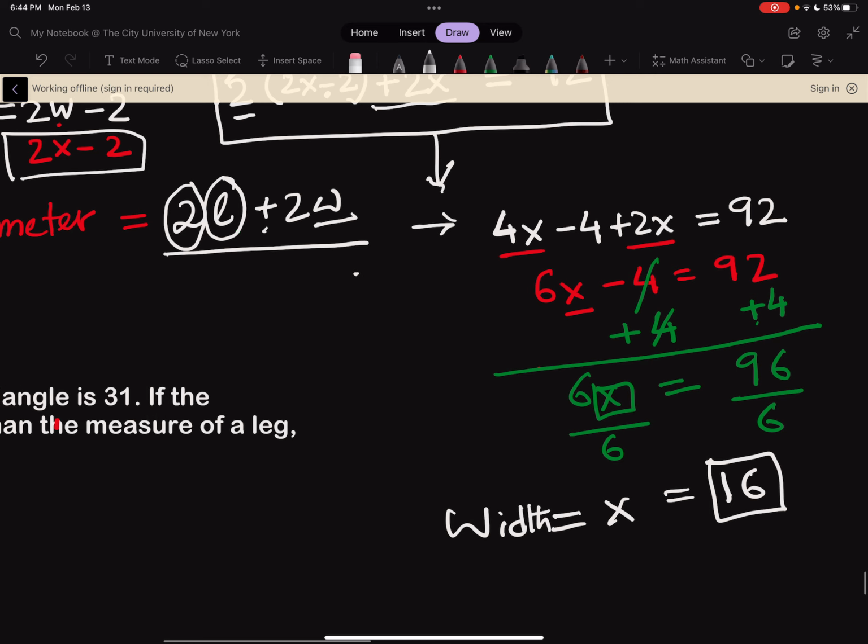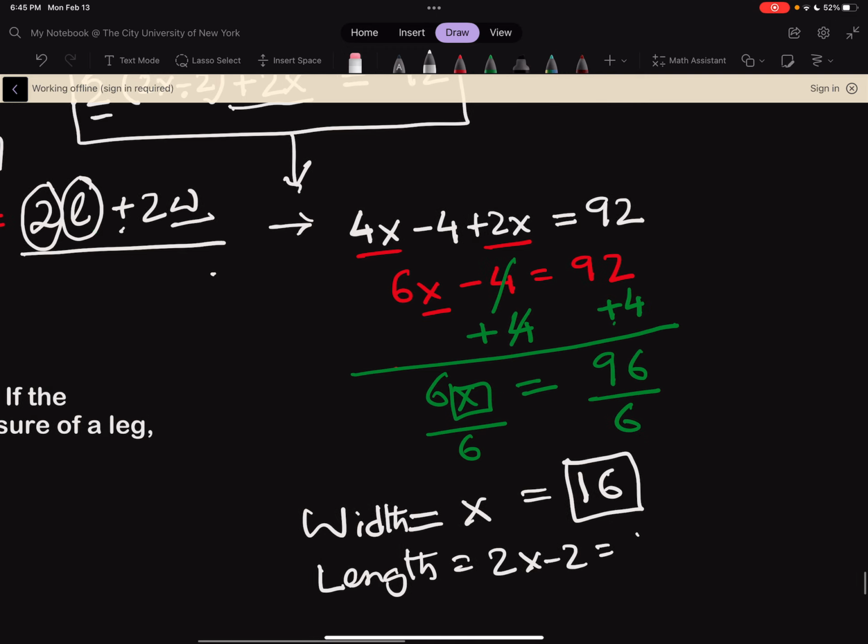So we say our length is 2x minus 2. It's always good to write it so that you don't make mistakes. So 2 times 16 is how much? It should be 32, and minus 2.